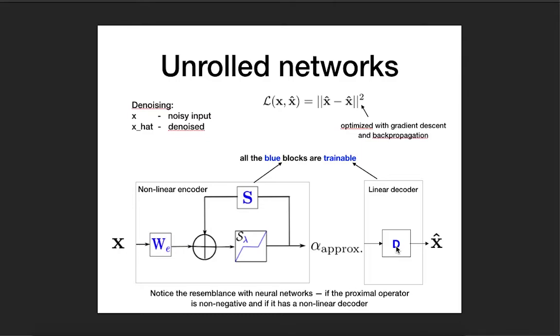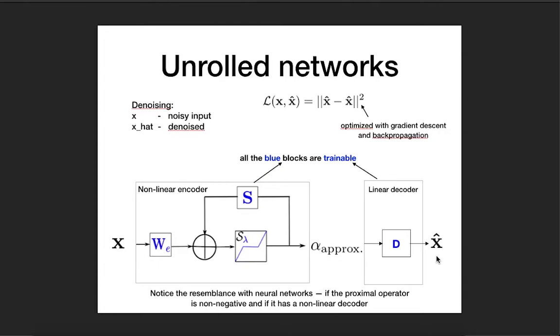These were called unrolled networks. They're very fast because once you train this, you don't have to do sparse coding again during inference. It's just matrix multiplications, and then you get your denoised input.